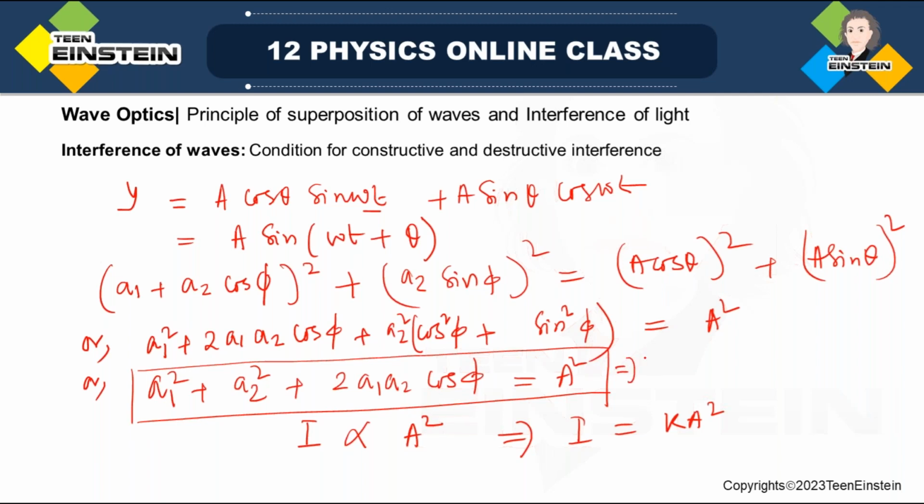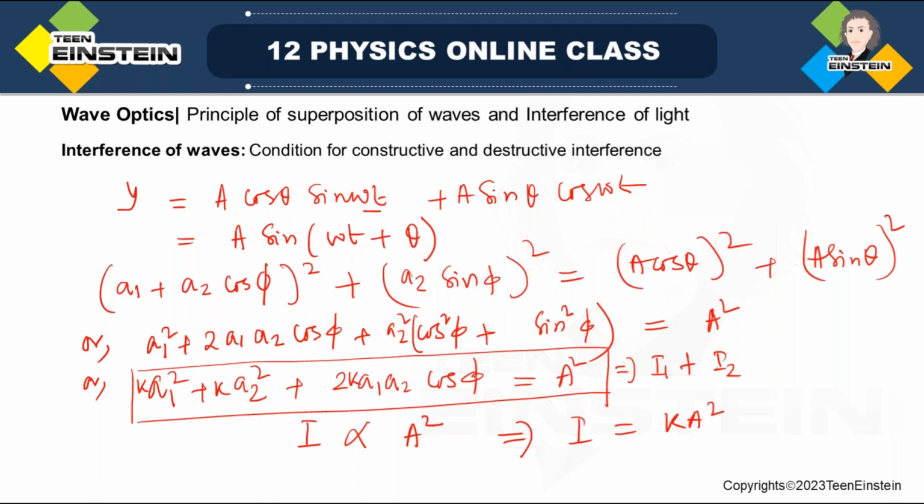look what I can write. This I1 means the intensity of the light associated with the first wave, and this is the intensity of the second wave. Sorry, not square. If I just multiply k on both sides, we can write that, isn't it?